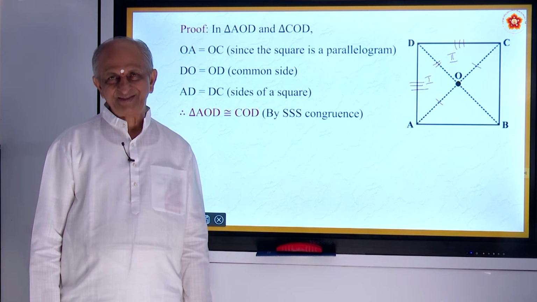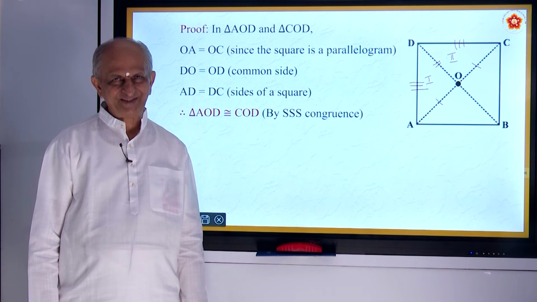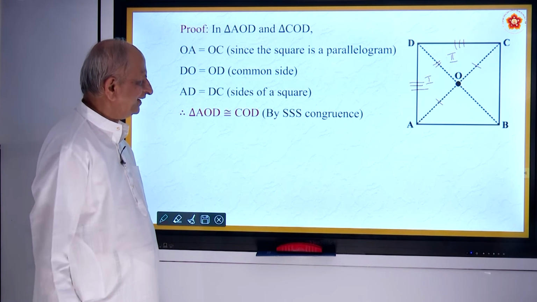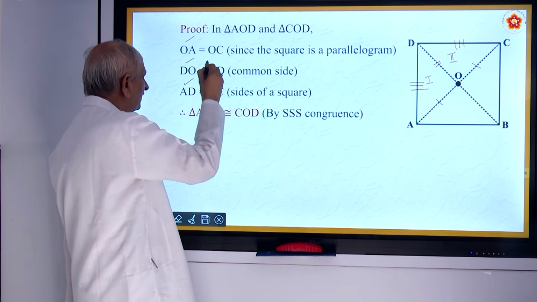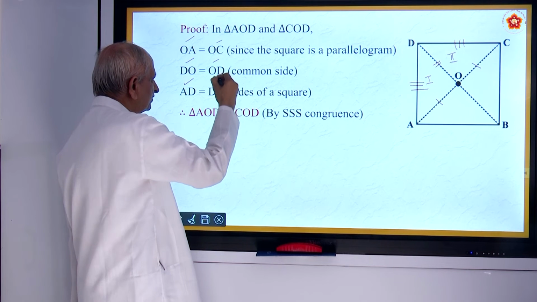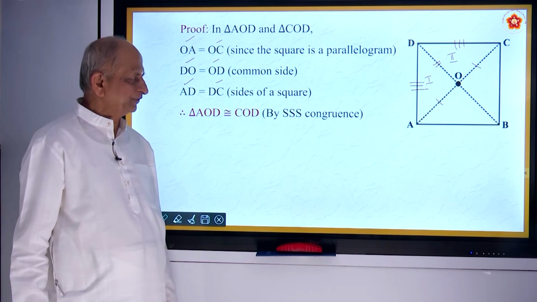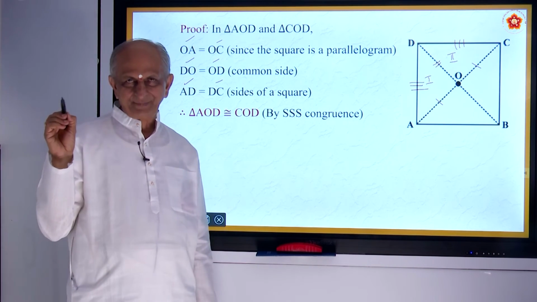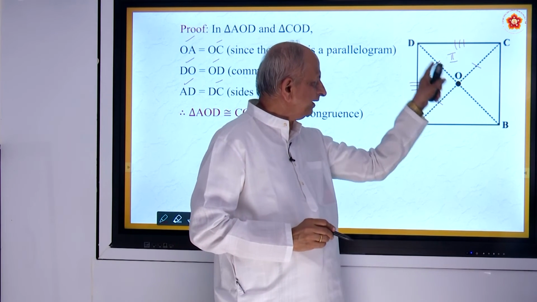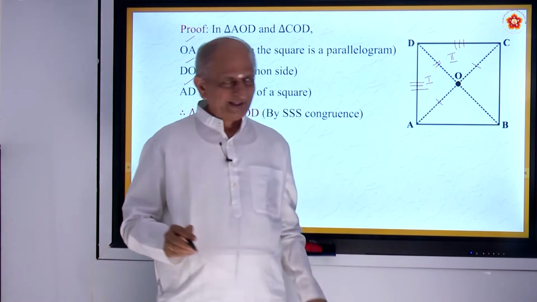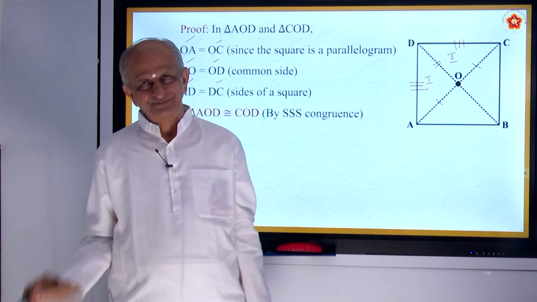That is why, yes. What is SSS? Side. The 3 sides of one triangle are equal to 3 sides of the other triangle. Therefore, they are congruent. Means what? Suppose you cut this triangle AOD and keep it on DOC, they will be identically equal.